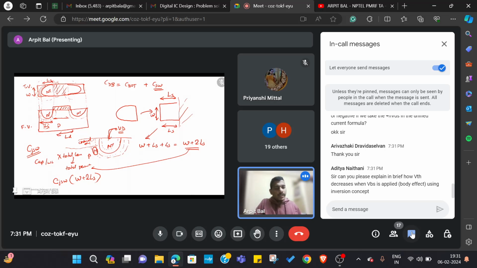In brief, how VTH decreases when VBS is applied. Okay, so observe this transistor. Let us say there is another terminal.